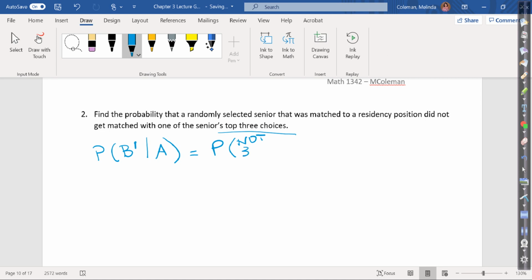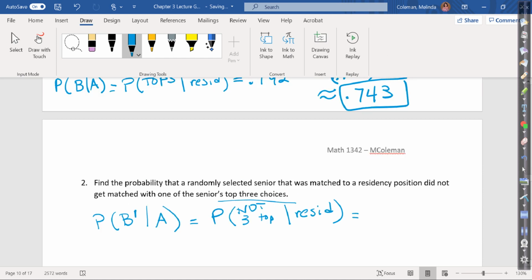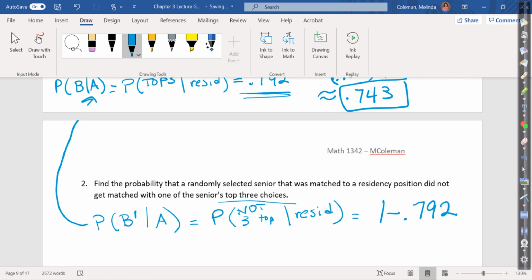This is not an and statement. This is just asking that question. So if we know that B given A is 0.792, then this would be 1 minus 0.792, since they are complements of each other, which would be 0.208 approximately.